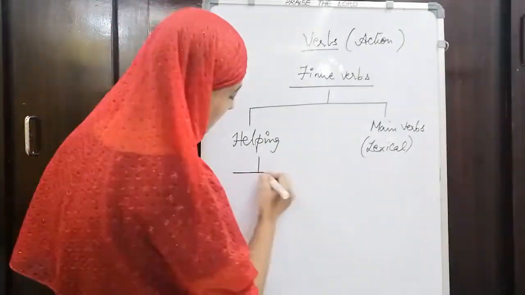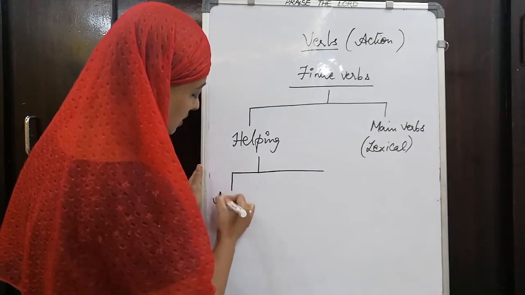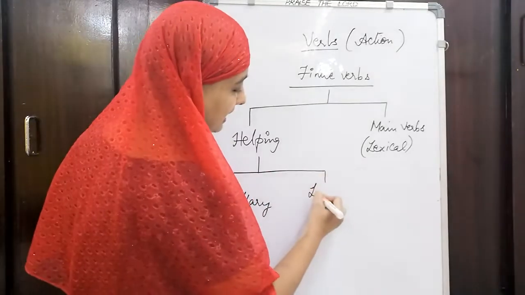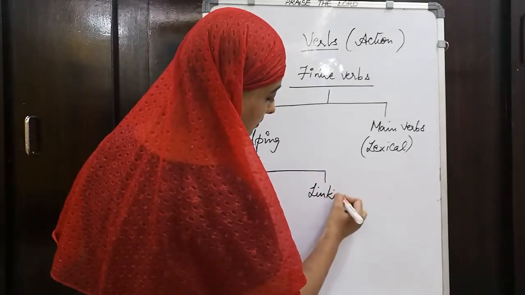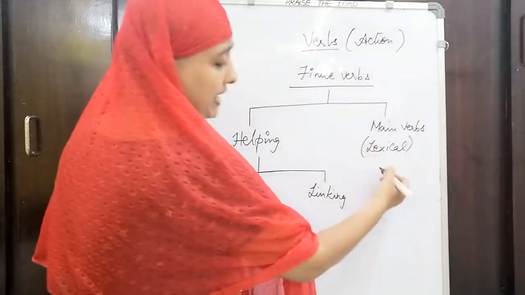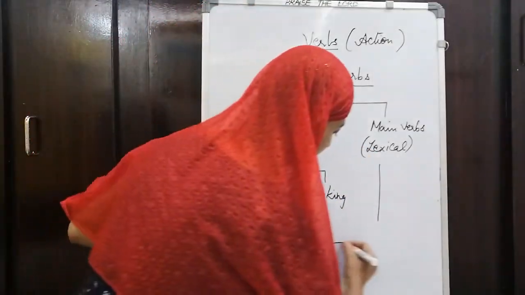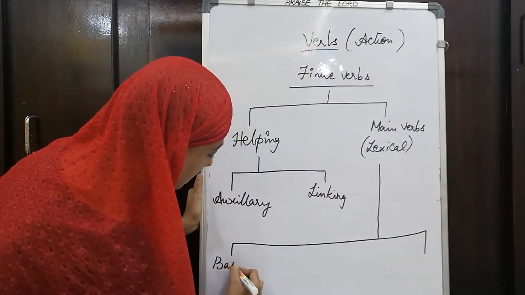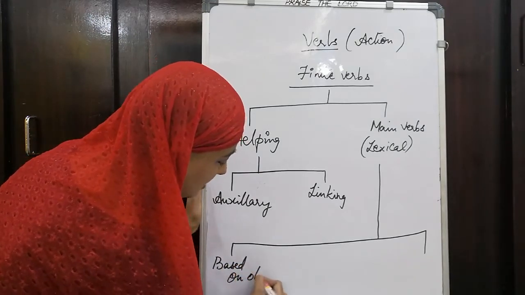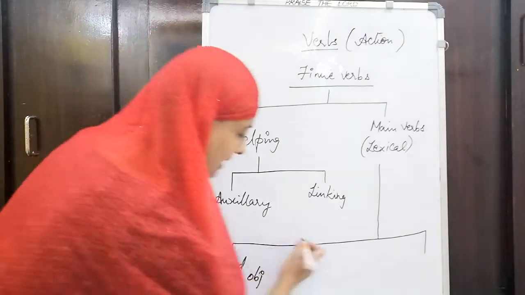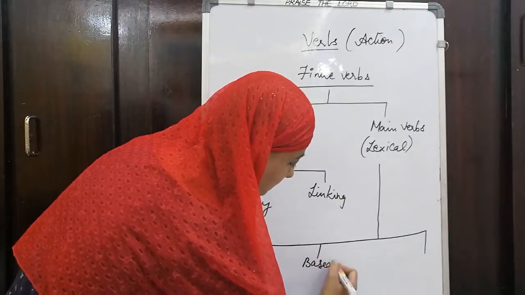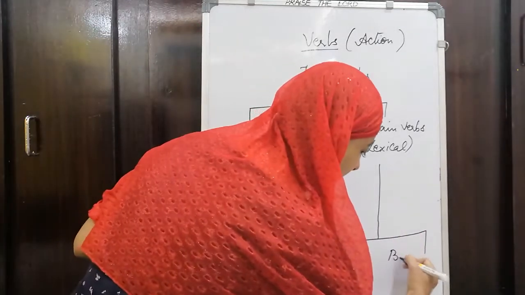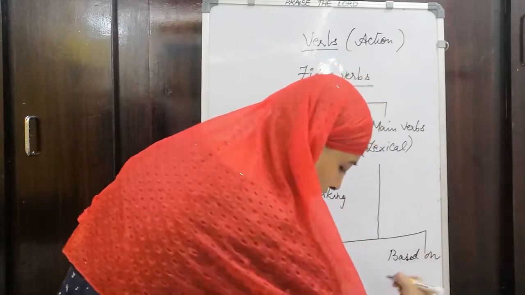Helping verbs are further classified into auxiliary verbs and linking verbs. The main verbs are classified based on object, based on action, and based on past forms.